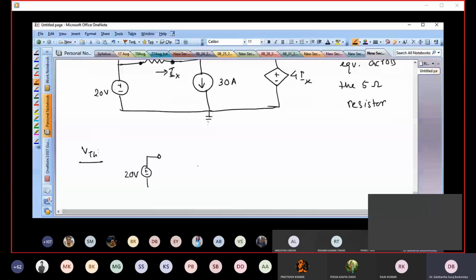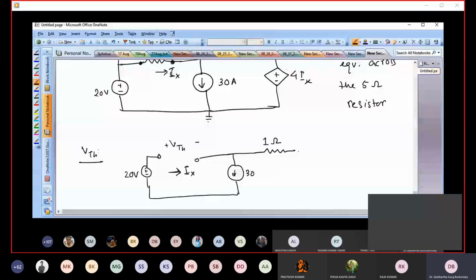So it's the VTH here, minus 30 amperes, IX, let it be IX then, as before, one ohm, for IX. This is what becomes our circuit when we open circuit these output ports.